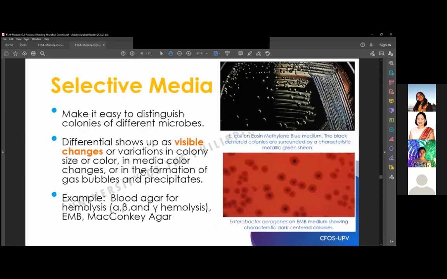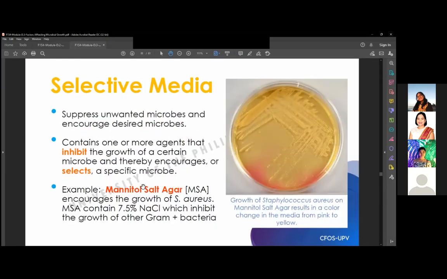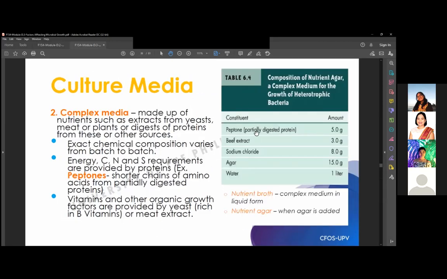Ayan, take note that complex media are made up of nutrients such as extracts from yeast, meat, or plants, or digest of proteins from this or other sources. Ano yung examples natin? Peptone.